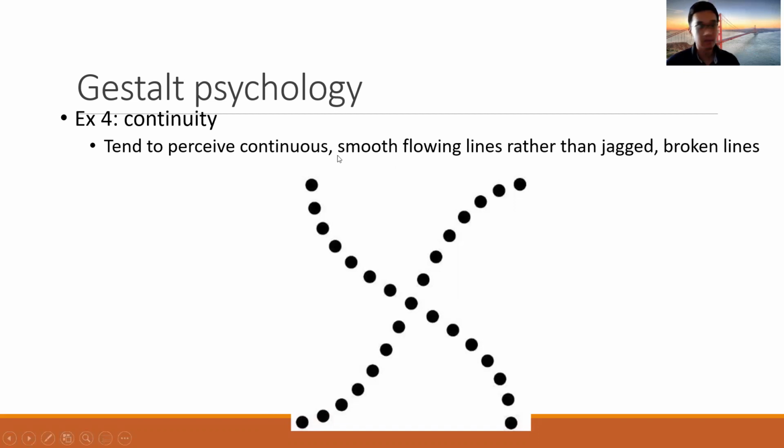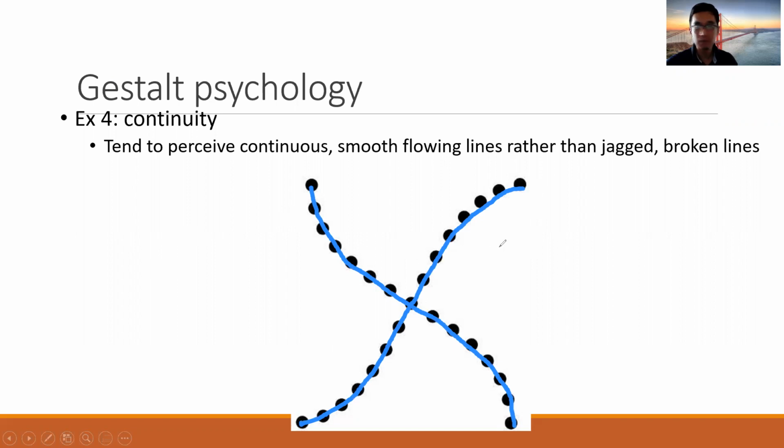Even though these are just a group of dots, people perceive them as 2 lines. If you connect these dots together, you can see 2 lines, right? So these are 2 lines. However, these are not 4 lines.